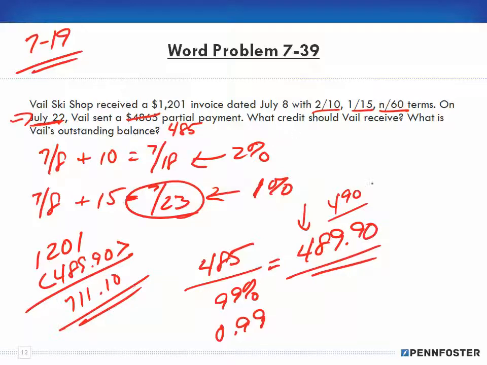So my credit received is $489.90, and the balance on the account is $711.10. All right. Again, go back and watch that video 7-19 in order to see the thought process behind that.